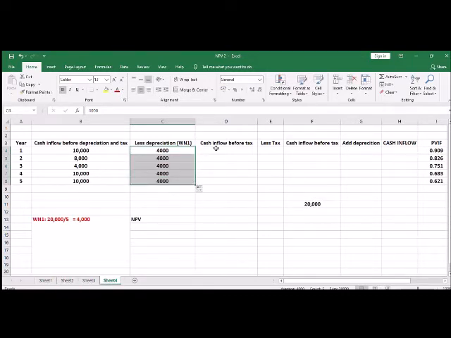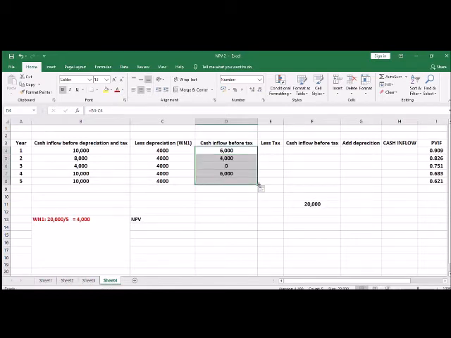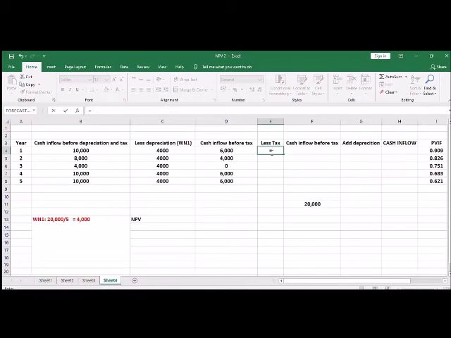So 10% of 6,000 is 600. So we are on the right path. So we just drag down this cell to get the respective tax. Now we have to deduct tax from the cash inflow, and we just drag down this cell again to get the values.